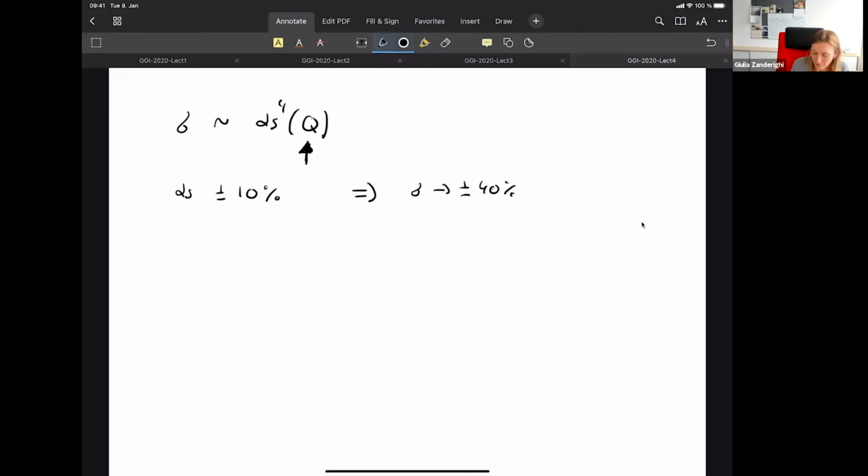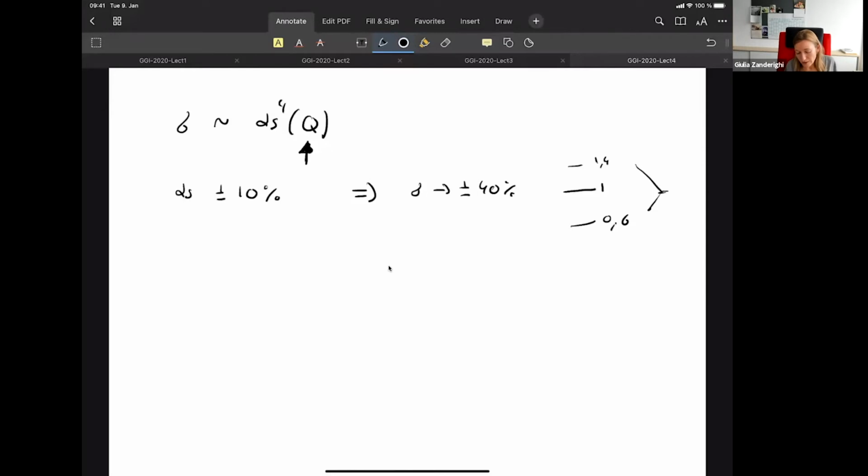So plus minus 40% means that something that is 1 can become 1.4 or can become 0.6, so the difference between these two numbers is more than a factor 2. This is a statement that at leading order, you don't even control the normalization of your result. When you change the scale in the coupling constant, you completely change the normalization of your result.